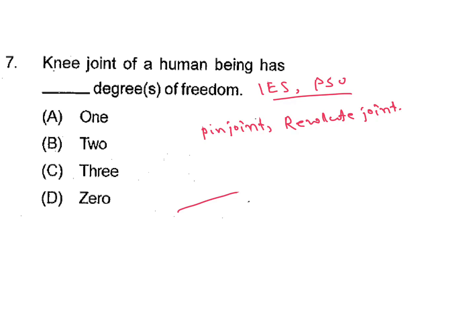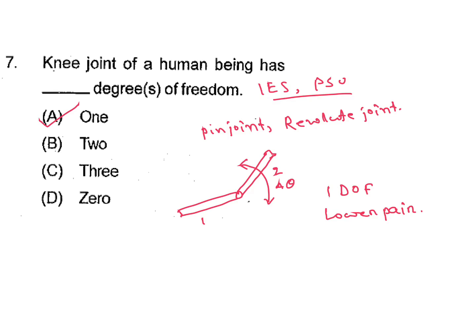They are joined like this, link 1 and link 2. Only delta theta is possible. So 1 degree of freedom is possible. Example of lower pair. This is also important. So knee joint of a human being has 1 degree of freedom.